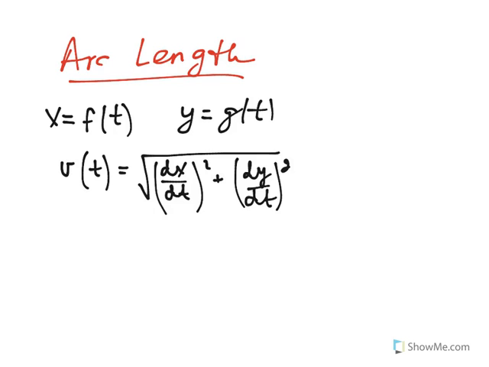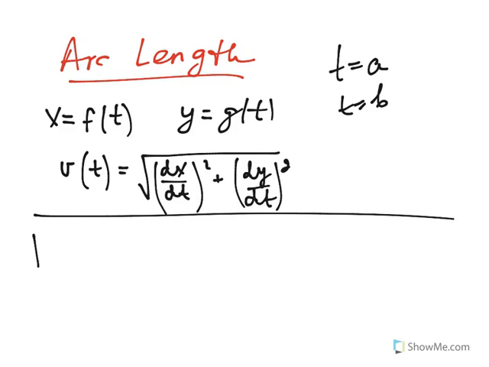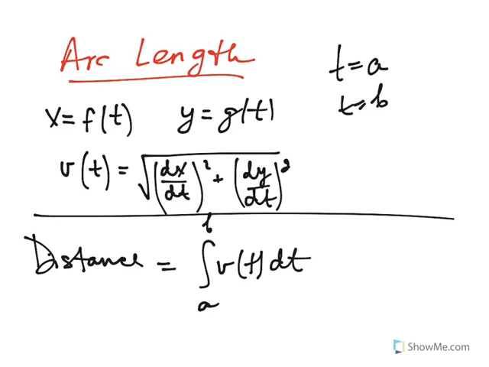Now we can find the distance traveled by this object along a curve between t equals a and t equals b by integrating its speed, right? There's nothing new. We know that the distance traveled can be found by the integral of v(t) dt.